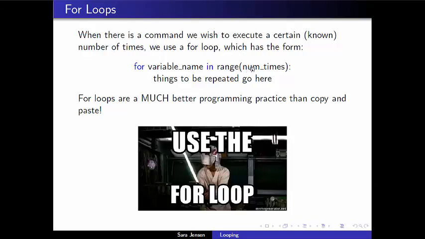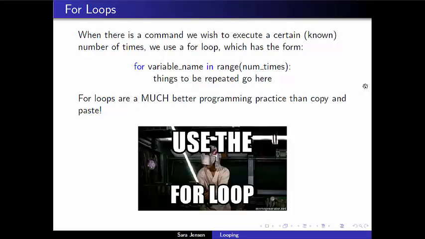So after being 0, it will switch over and become 1. And we will continue this process num times, executing this chunk of code, and then reassigning the value of variable name to the next sequential number in this list.